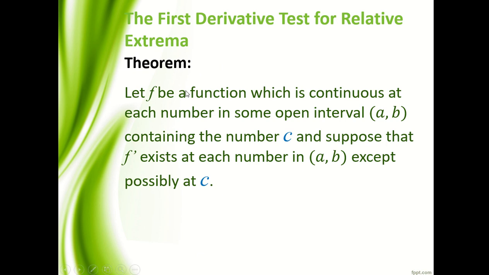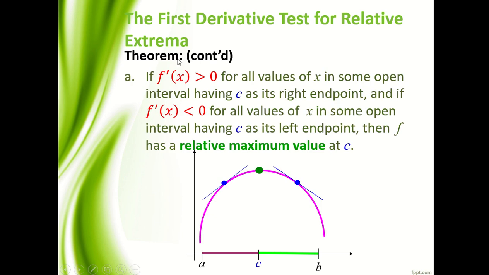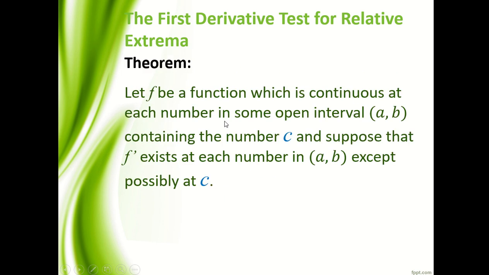Okay, the function is continuous. All right, so we have this condition here that we need to see. Then we have these two possible scenarios after the opening statement of this theorem.